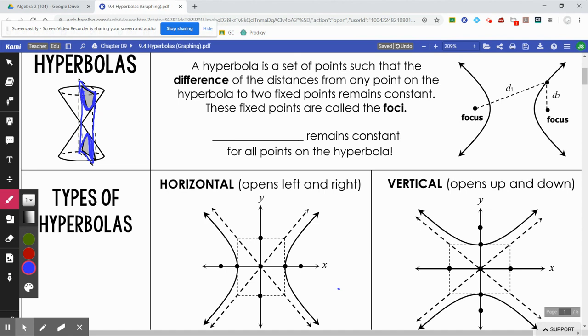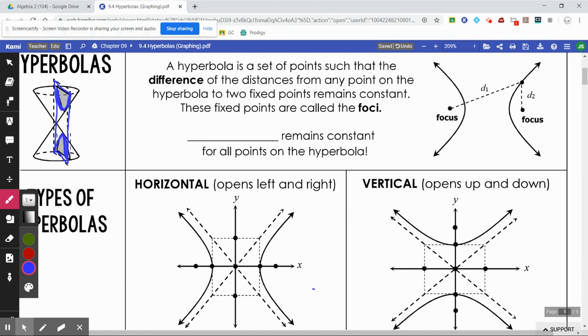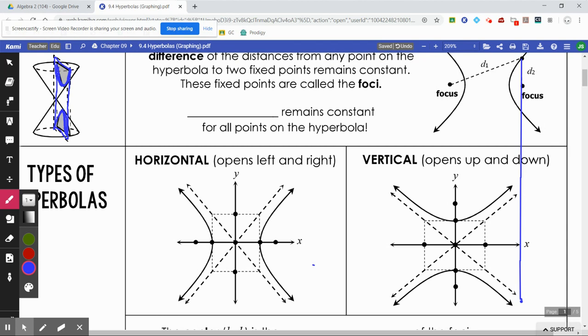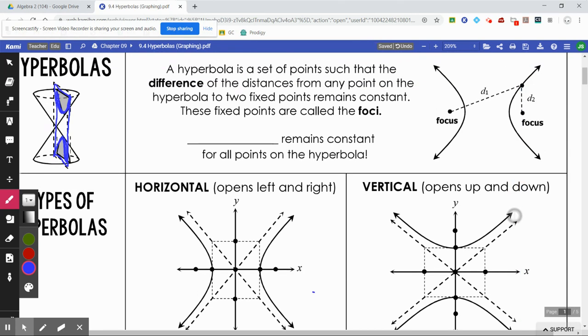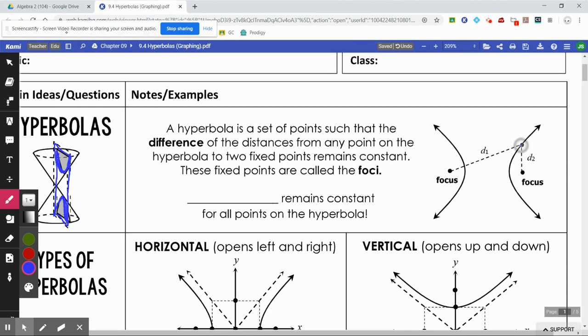A hyperbola is a set of all points, and you see it over here. By definition, it's a set of all points such that the difference of the distances from any point on the hyperbola to two fixed points is constant. So if you were to take any point on the hyperbola and you measure the distance from one focus, and the distance from the other focus, the difference between those distances will be a constant.